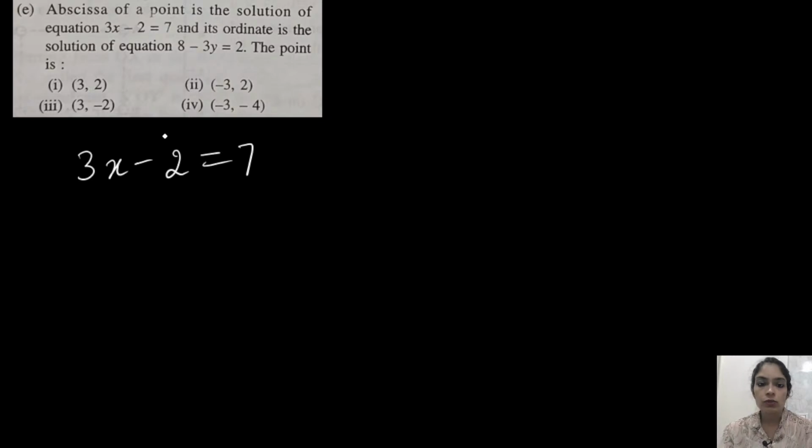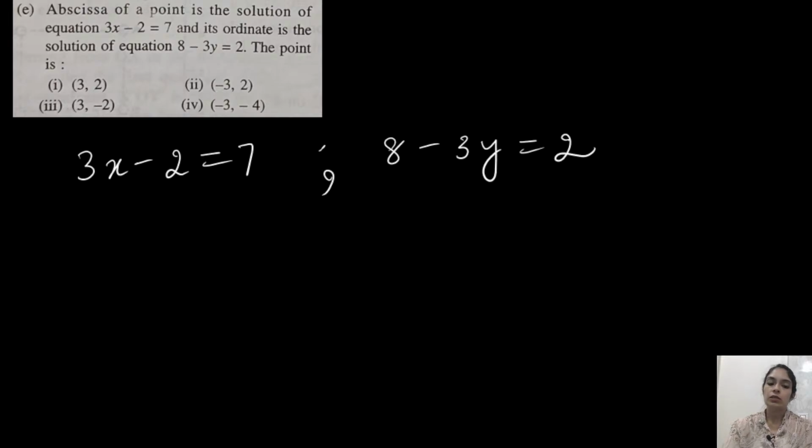So when we solve this equation, we will get the value of the x coordinate, and its ordinate is the solution of another equation given to us, x minus 3y is equal to 2. So from the first equation we will get the x coordinate, and from the second equation we will get the y coordinate. Nothing else to do, we just have to solve the equations like we did in the previous question.